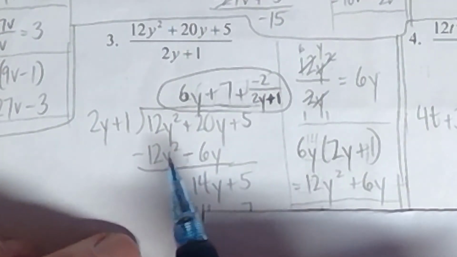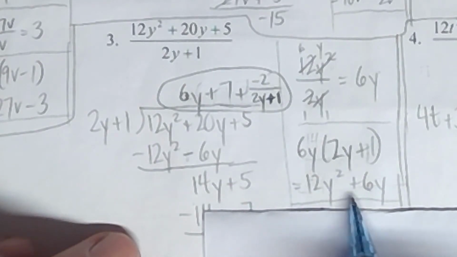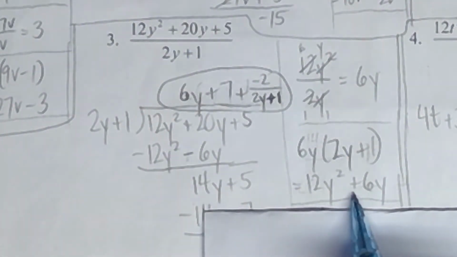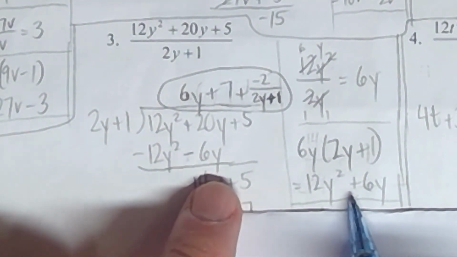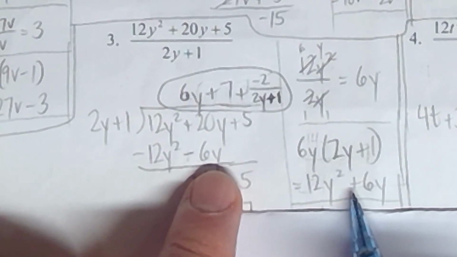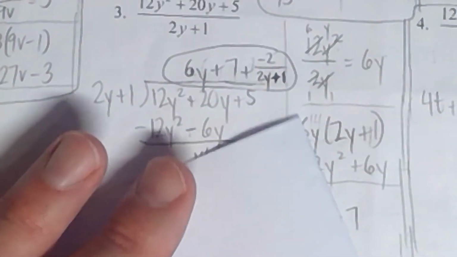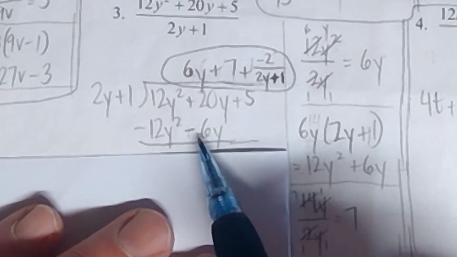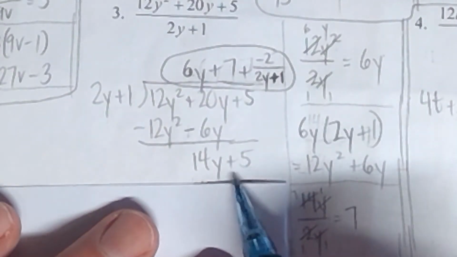I put that underneath. Okay. Originally, it was positive 12 and positive 6. The reason why you see the minuses there is because, remember, after you put it down there, you need to change the signs, okay, before you combine like terms, and that's why you see the negative 12y squared and the negative 6y. After I combine like terms, I get this right here.